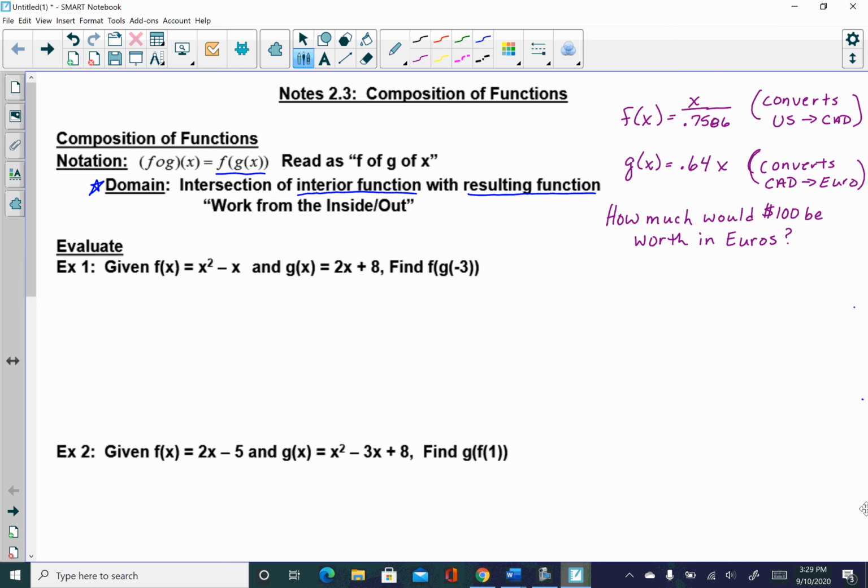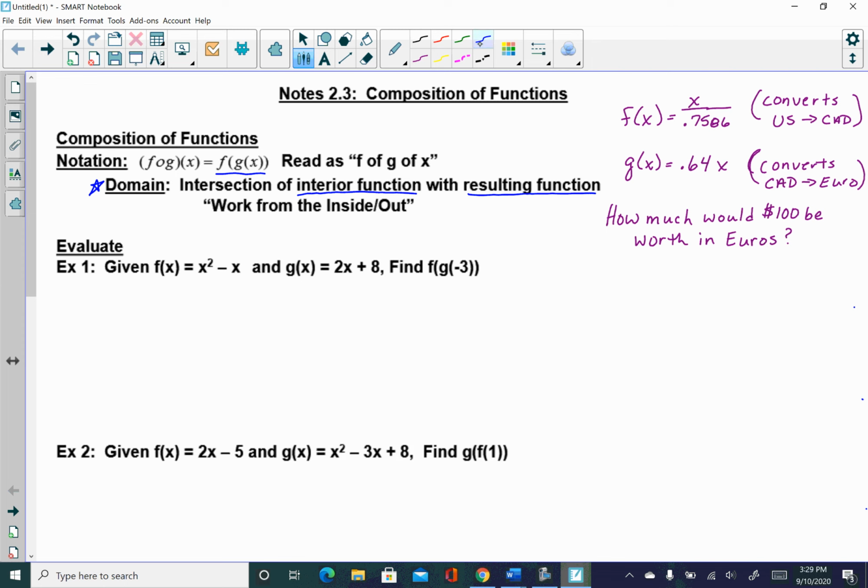So that's what I've set up here. I've got this first equation, f of x, that takes me from US dollars to Canadian dollars. Then the second equation down here, g of x, takes me from Canadian dollars to euros. So I can use a composition of functions with these two to convert my $100 into euros.